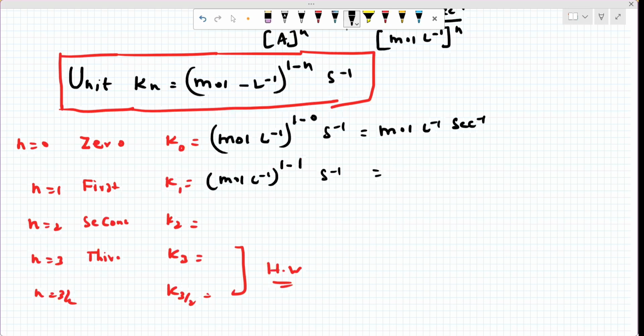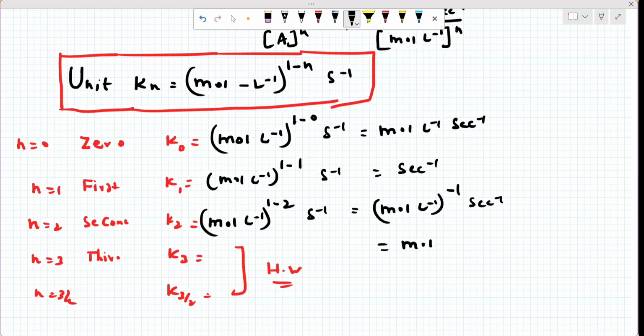Therefore, for first order the unit is second inverse. Second order reaction: mole per liter power 1 minus 2, second inverse. Therefore, per mole liter second inverse.